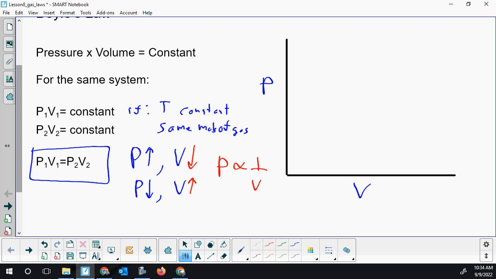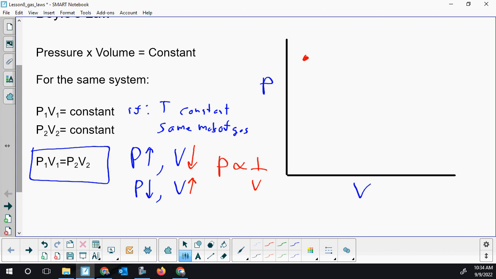So now we're going to graph this inversely proportional relationship out. So I'm going to start with a point. So that's some pressure and volume, fairly high pressure, fairly low volume. And now we've got to use this inverse relationship. Now I'm going to put some arrows in.